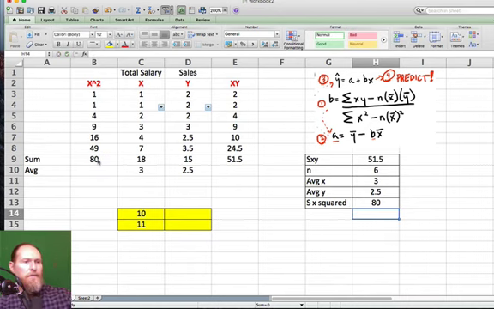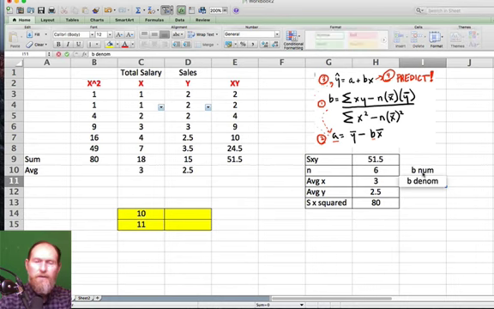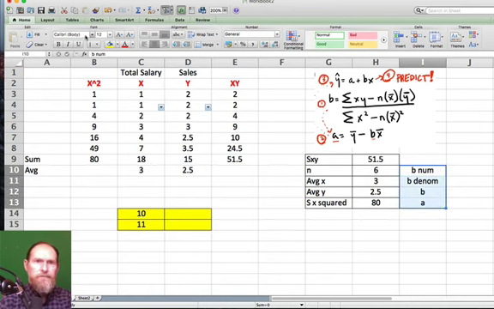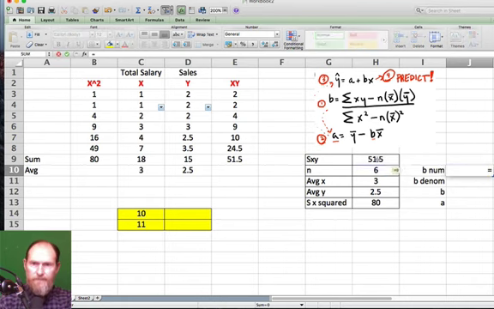Okay. Moving right along. Get my b numerator, my b denominator, b, and a. B numerator again, sum of x times y minus my n times my average x times my average y.